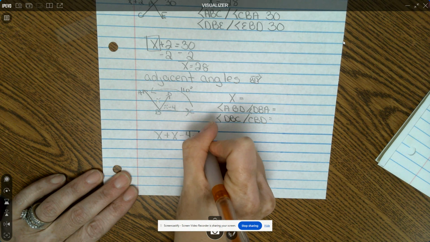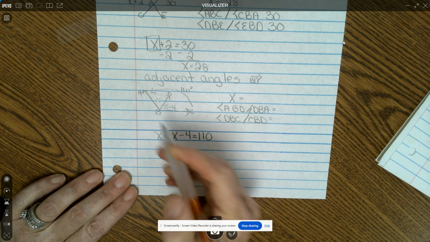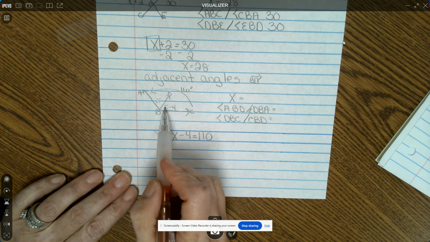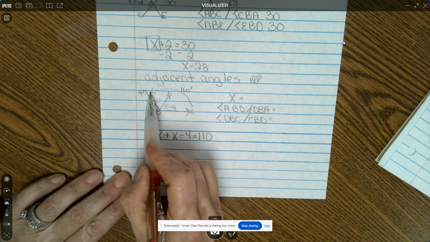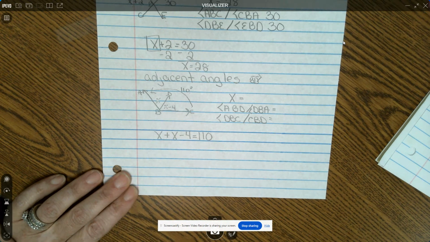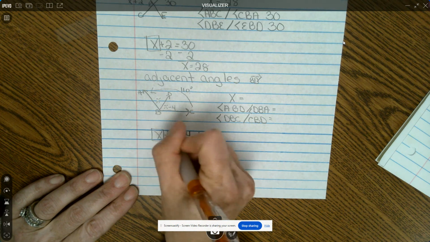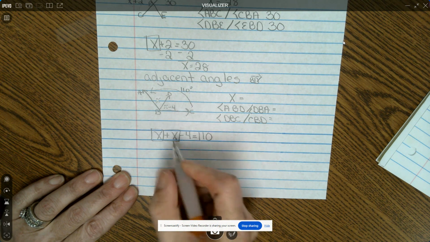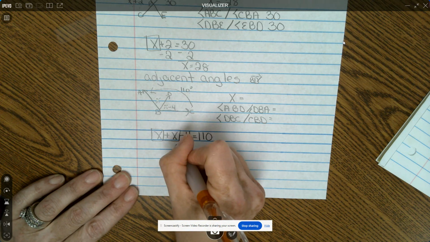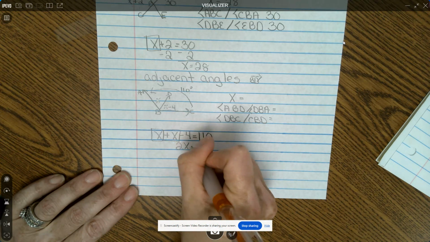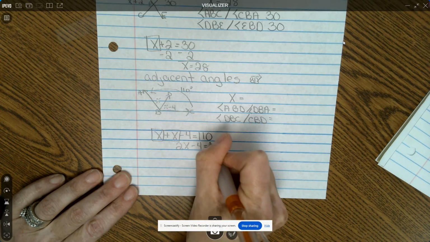Perfect. I'm saying that this angle plus this angle equals 110 degrees. So from there, what do I need to do? Square off my variables and combine like terms. So x plus x is what? Carry down my minus 4, equals 110.